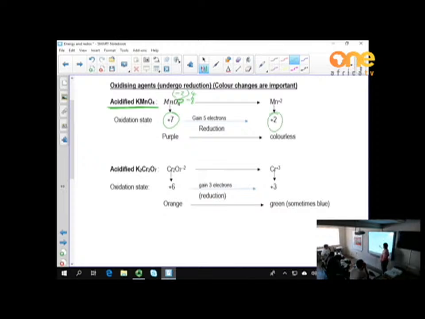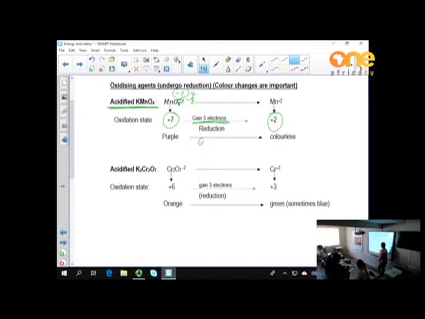+2. It's indicated. To go from +7 to +2, what must it do? Gain electrons. How many electrons? 5. Yes, it must gain 5 electrons.